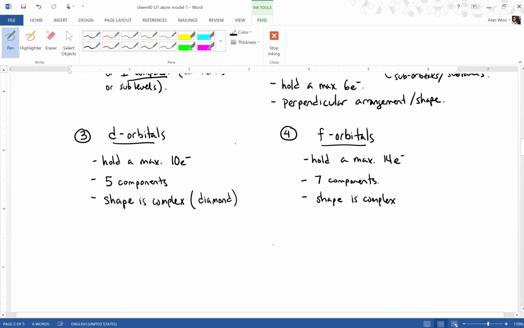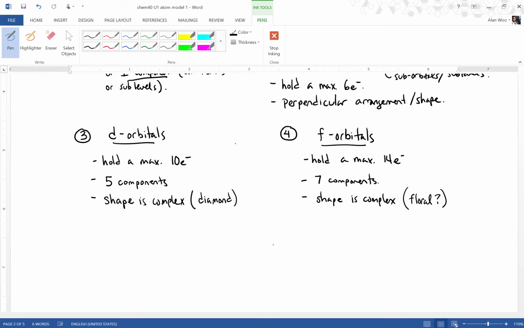And when all the orbitals overlap, I don't know what the F actually stands for, but it does kind of look flower-like. So maybe a floral shape. But don't quote me on this because I have no idea what that F is for. But the shape itself is pretty complex.